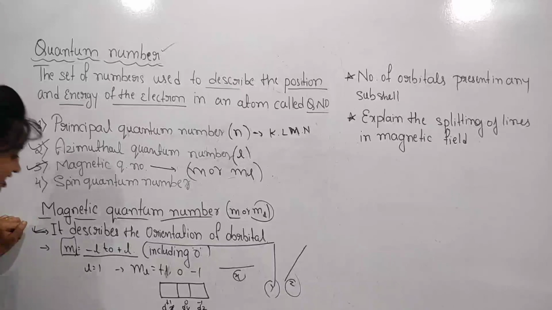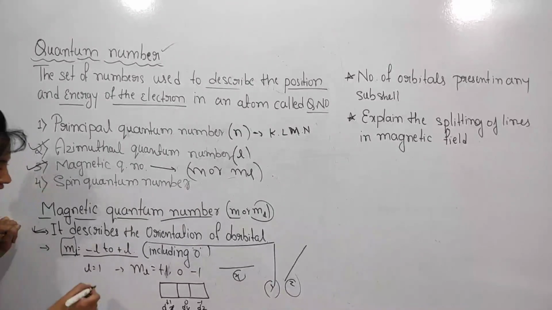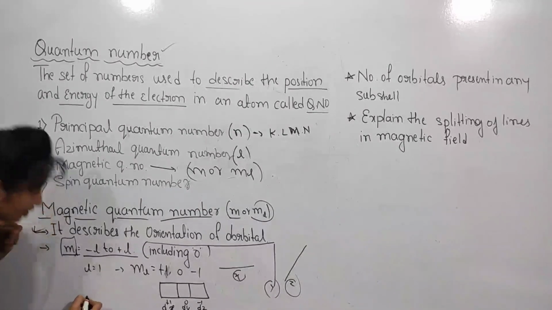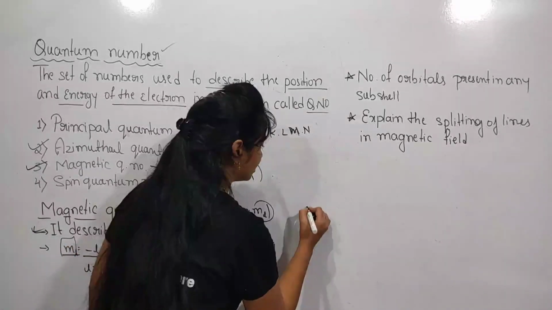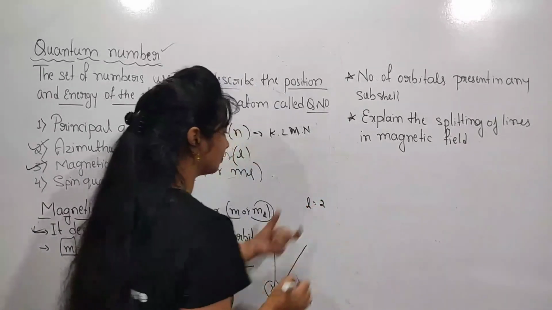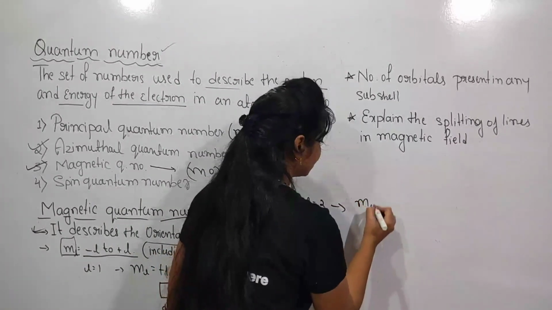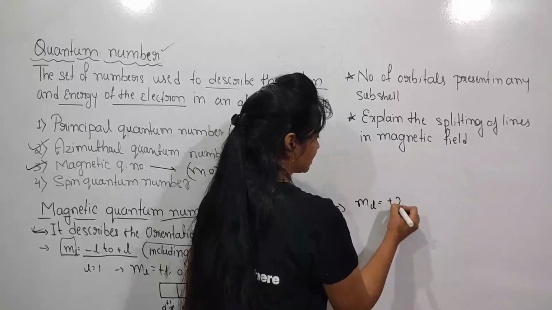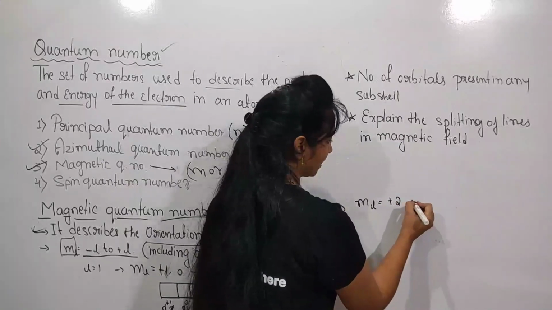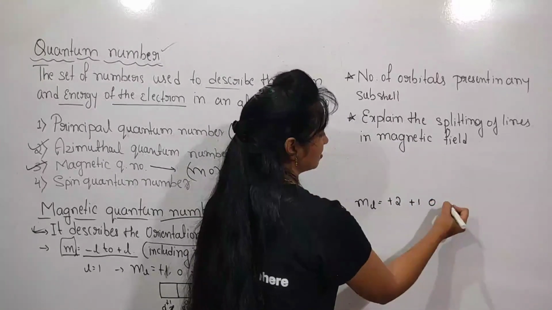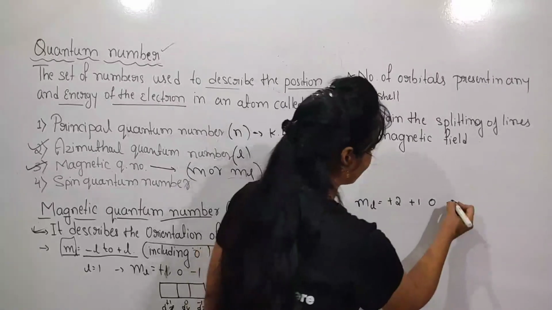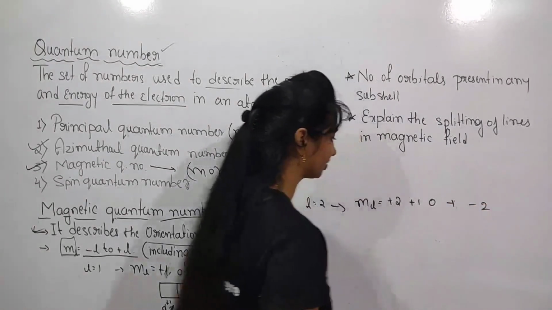And next, see here, if the value of l is 2, then what will the magnetic quantum number be? Plus 2, plus 1, 0, minus 1, minus 2.